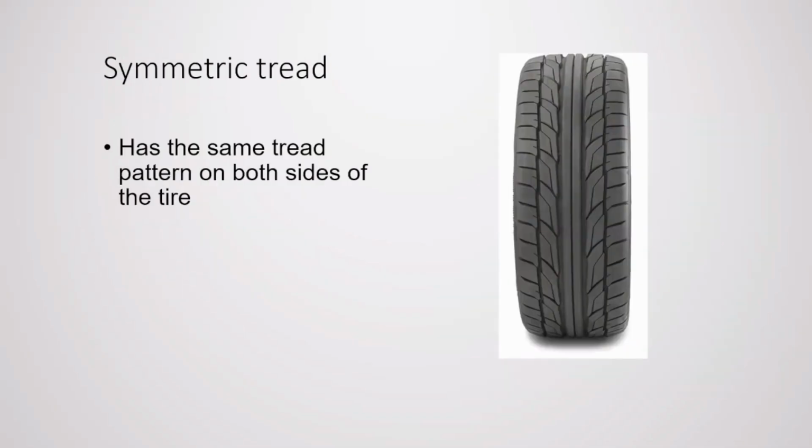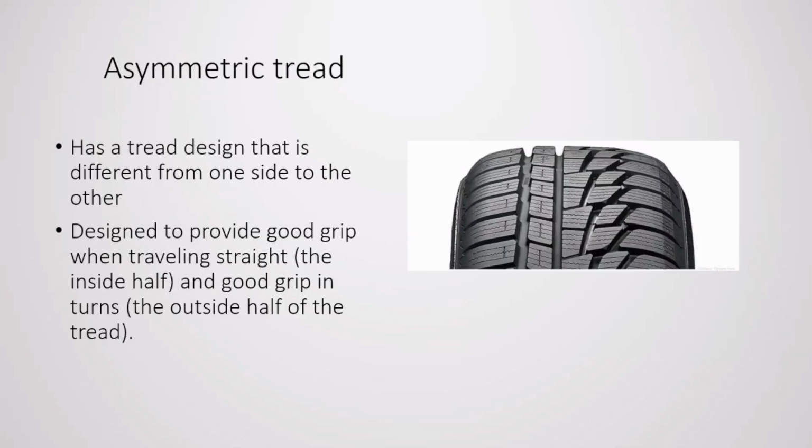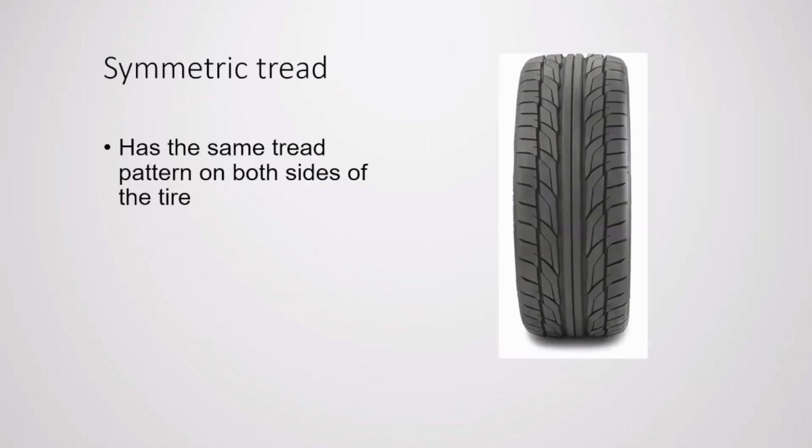And we can see some symmetric treads, where we have symmetrical tread patterns on both sides, left and right, and also we have asymmetric tread patterns, right? In the Sri Lankan context, most passenger vehicles are equipped with tires that have symmetric treads. So the traction conditions are similar, and the friction is similar on both sides.